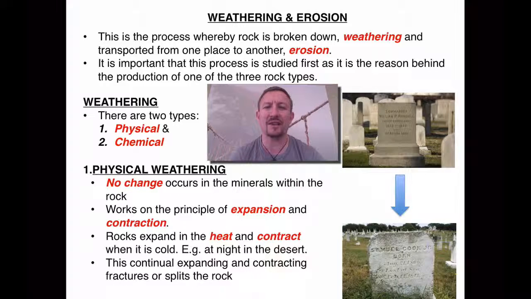So there's your process of expansion due to the heat. And if you cool something down very quickly, and this can happen in the oceans or in places like the desert at night time, they can contract. This whole process of expanding and contracting can be one of the major causes of weathering of rocks.